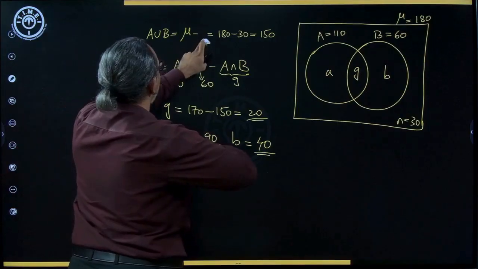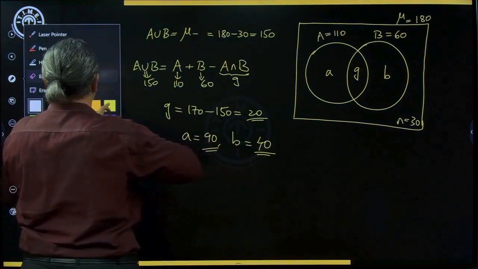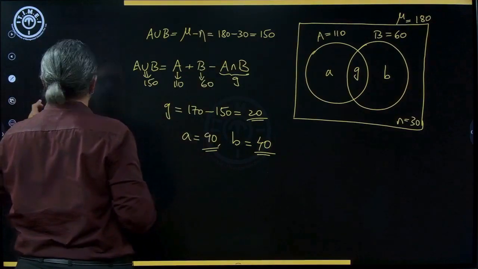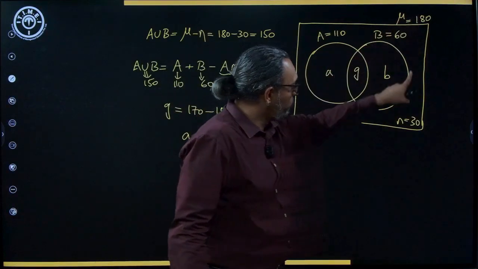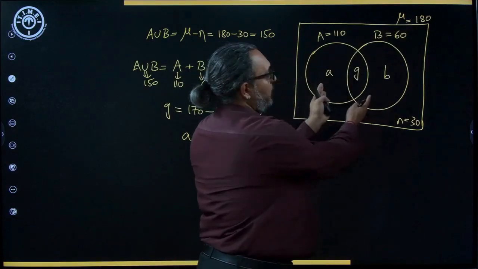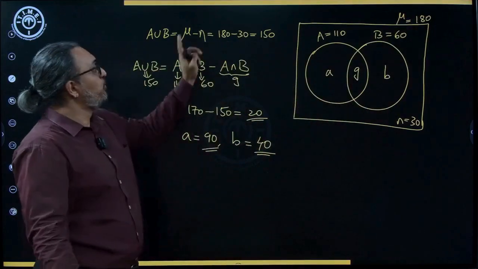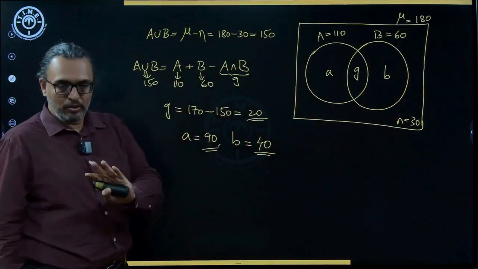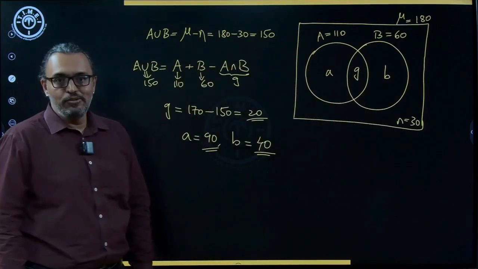Here this is not G, mu minus n. So from the total mu, you remove n, gives you A union B. Okay? So it is mu minus n. I wrote the value correctly, but I put the wrong element there. Okay? So mu minus n.